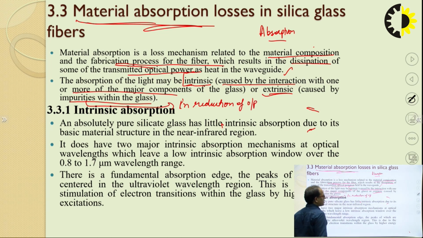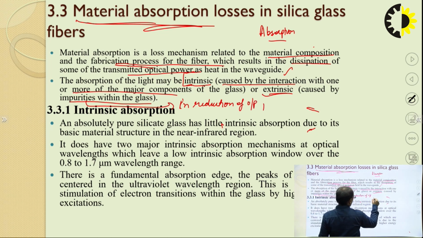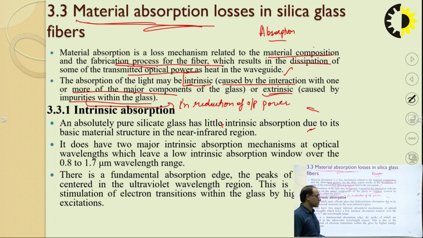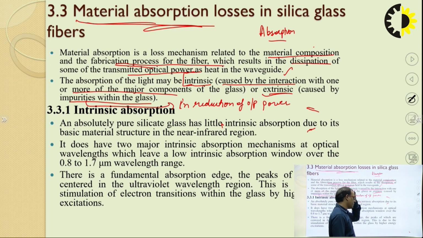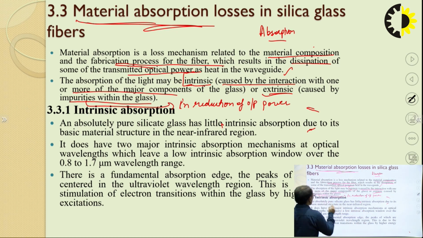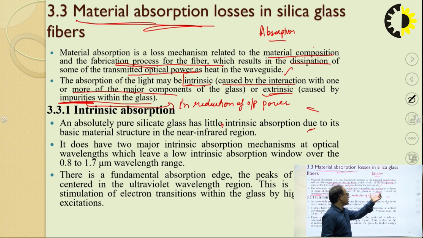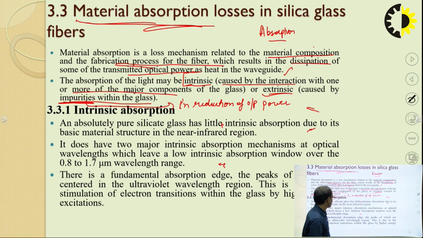When there is a reduction in the output signal or output power, it means there is a loss. And when there is a loss, there is attenuation, and this attenuation is due to the absorption of the signal by the impurity. That is known as material absorption, and this is the extrinsic absorption.